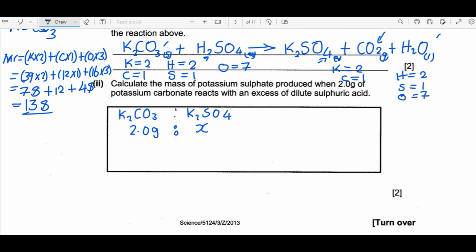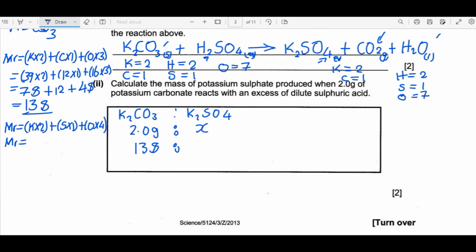So this relative formula mass is for potassium carbonate, so we are going to put it here where there is potassium carbonate. Then we need to also find the relative formula mass for potassium sulfate. So we need to carry out another calculation. So potassium times 2, sulfur there is only 1, so sulfur multiplied by 1, plus oxygen multiplied by 4.